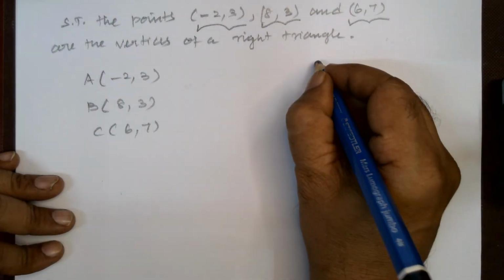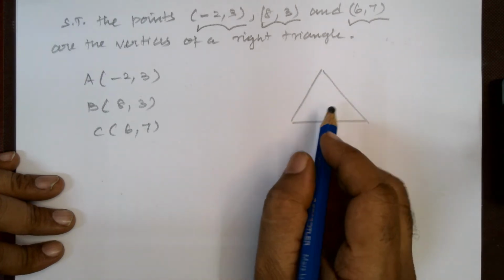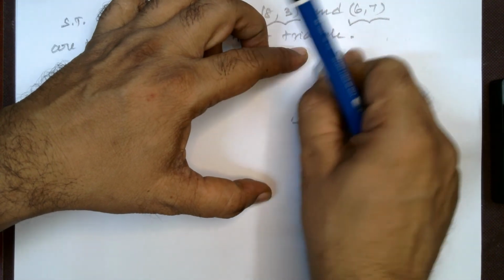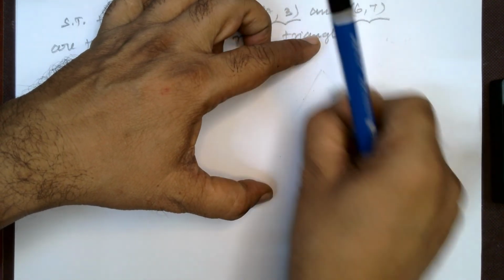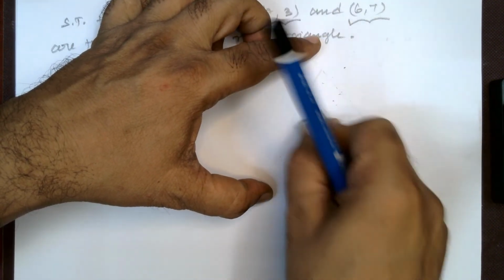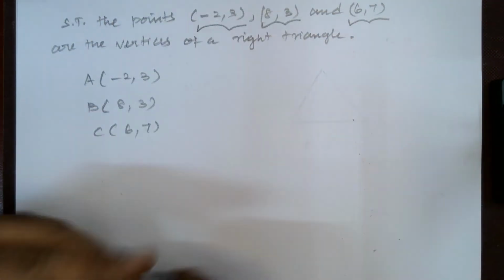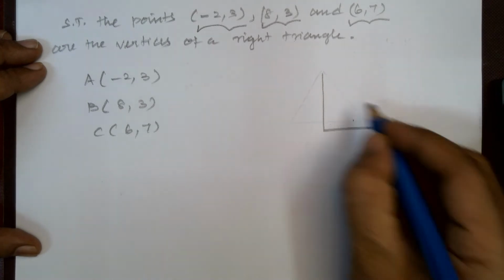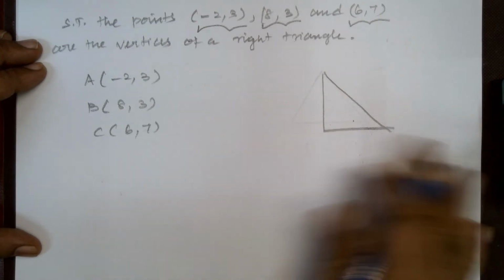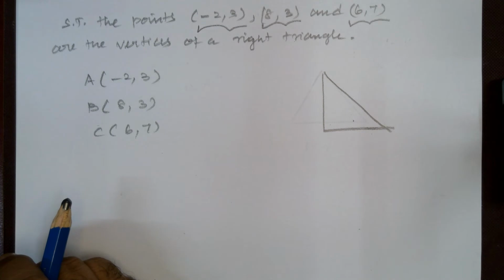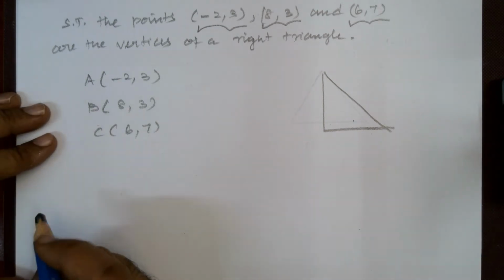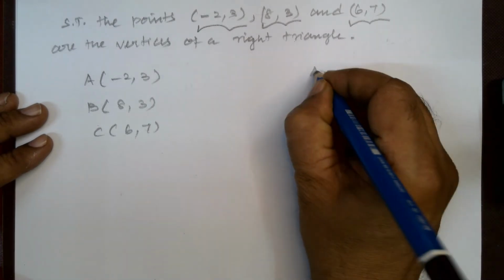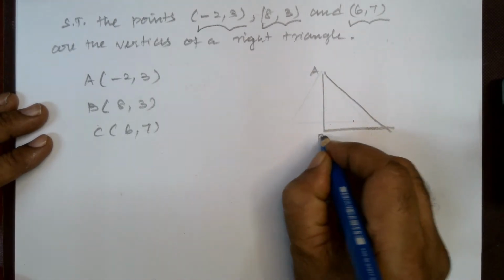In fact this is given as a right triangle, so let us draw a right triangle, and call the vertices A, B, C.